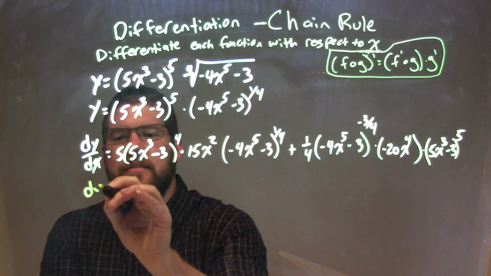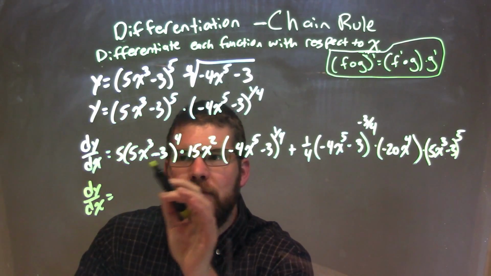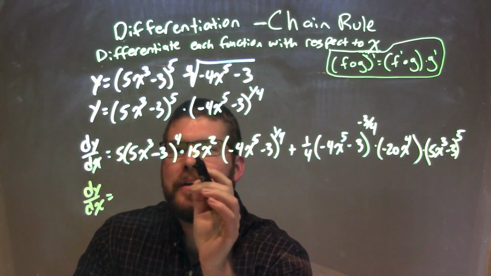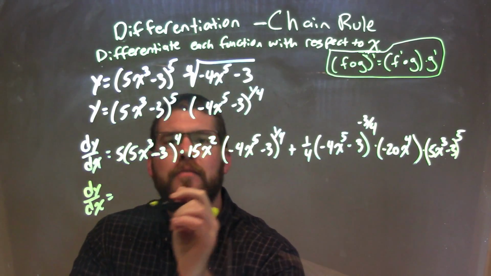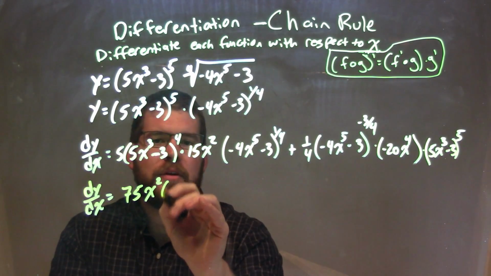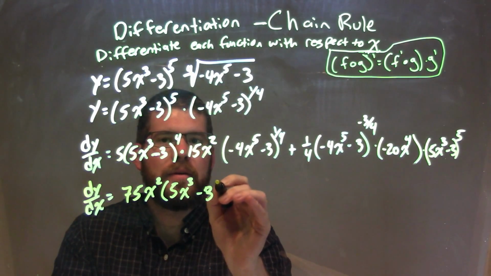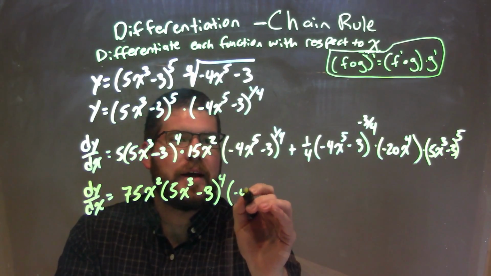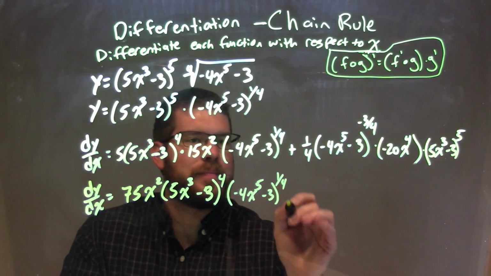So my dy dx here. Well, my like terms, I'll bring everything together. 15 times 5, what is that, 75. So we have 75x squared right here. Then I'm just going to rewrite what's left. 5x to the third minus 3, all to the fourth power, times negative 4x to the fifth minus 3 to the 1/4 power.